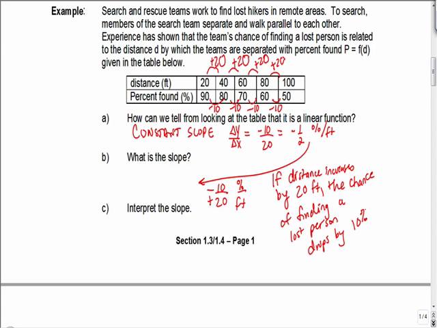Or we could say if the distance increases by 2 feet, the chance of finding a lost person drops by 1%.